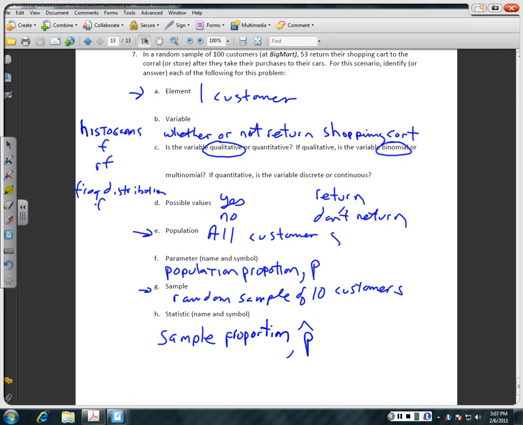Both frequency and relative frequency on those. So that certainly is something that I could ask on the test.